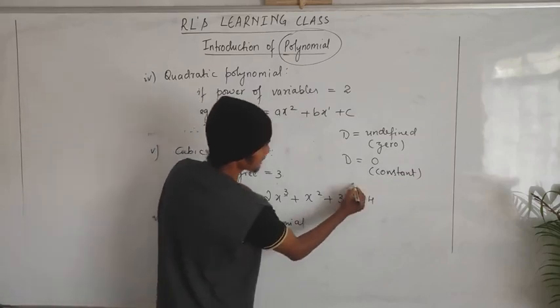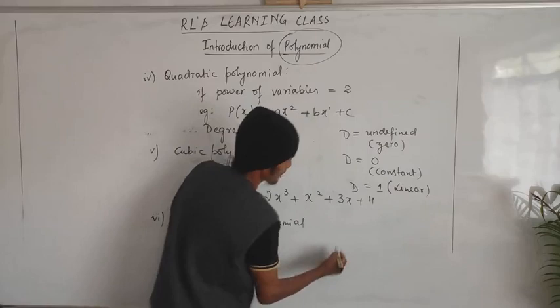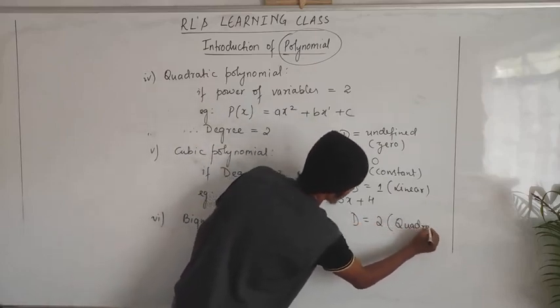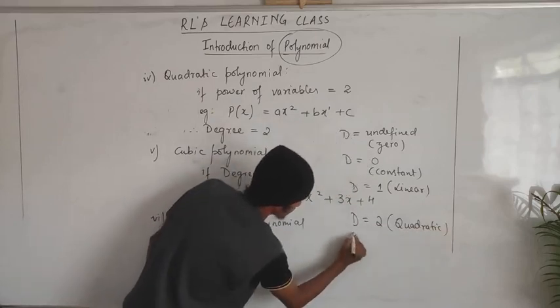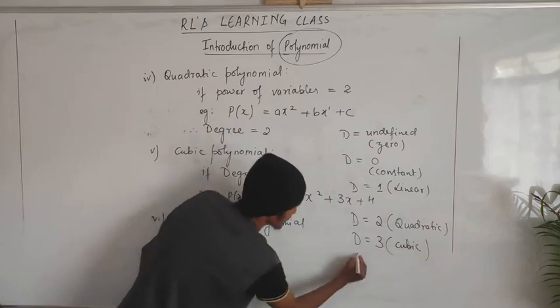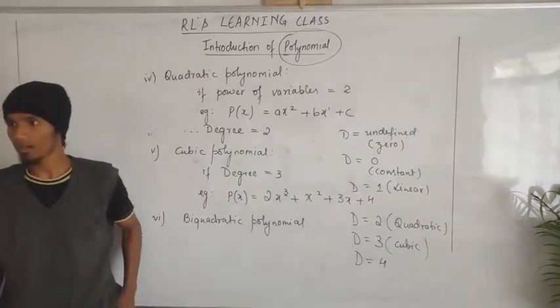Then if degree is equal to 1, then this will be called linear. Then if degree is equal to 2, then this will be quadratic. Then if degree is equal to 3, then this will be cubic. Then if degree is equal to 4, then that will be called biquadratic.